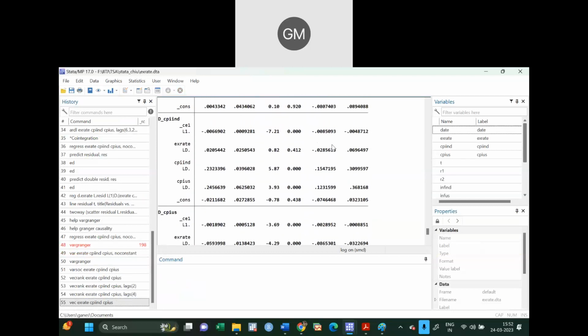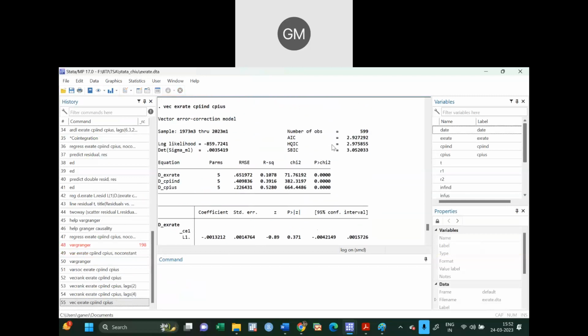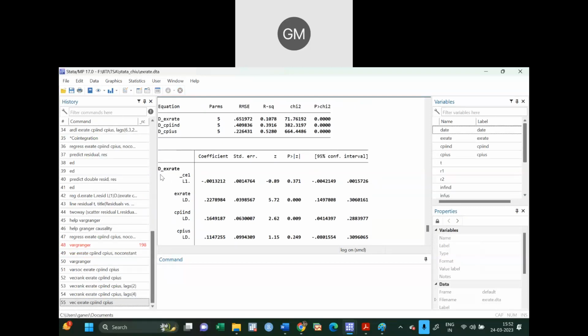The way you run a regression in the case of vector autoregression, in a similar fashion you get the result here as well. So you find D of the exchange rate. And this is the error correction term you find, which is minus 0.001. Unfortunately, this is not significant here.